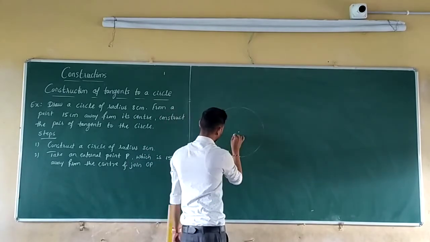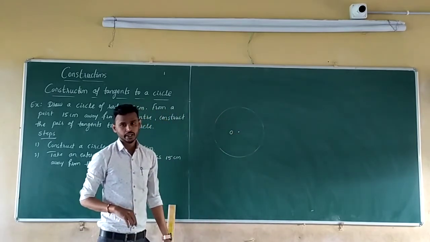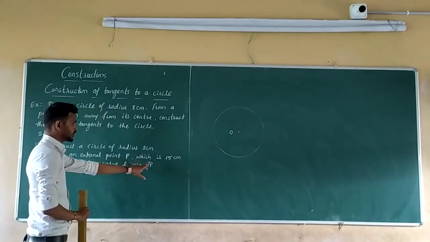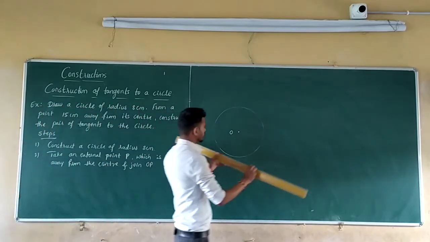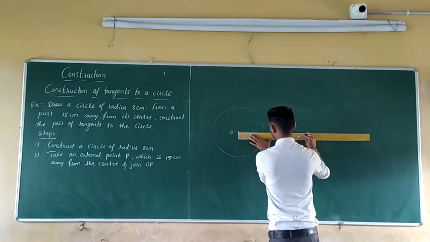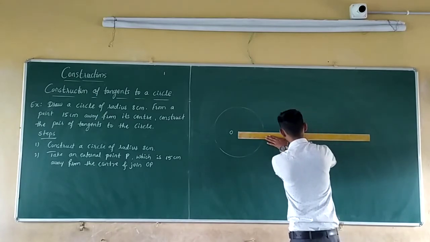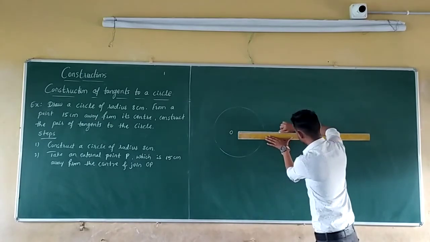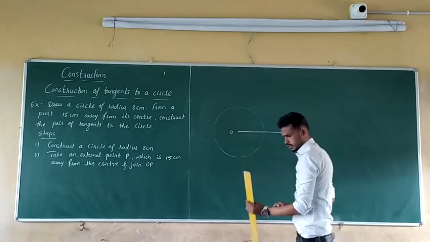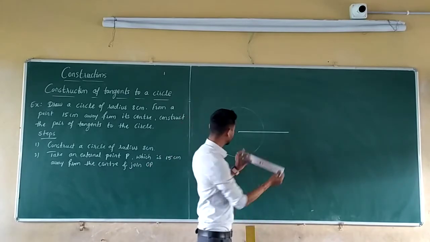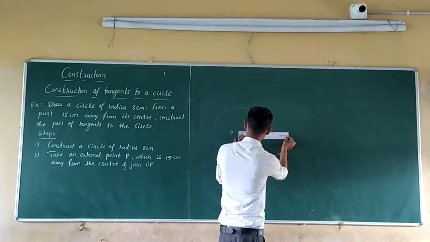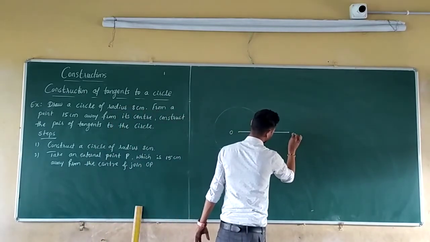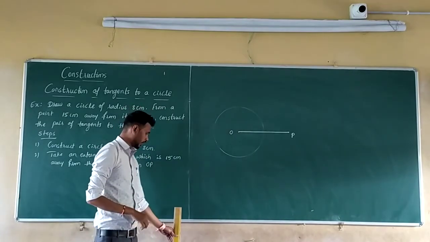It is a circle of radius how much? 8 centimeter and with center O. Now take an external point P which is 15 centimeter away from the center, and join OP. So now this is point P.